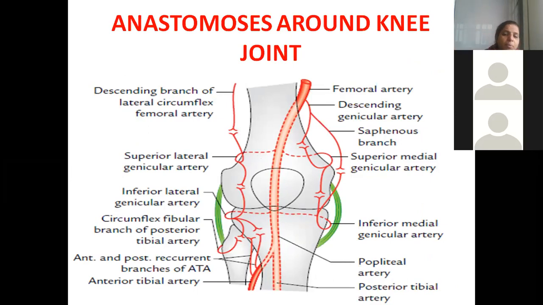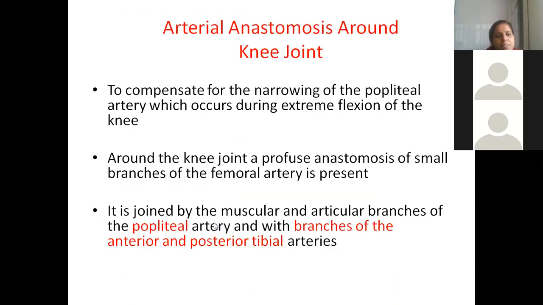Apart from that, we have the branches coming from the femoral artery also, and recurrent branches coming from the anterior tibial artery. They all will form the anastomosis. Now let us see what the names are. See, the knee joint is actually the place which we use more, isn't it? And the popliteal artery is very narrow when you compare. So whenever the knee is flexed, it may be compressed also.